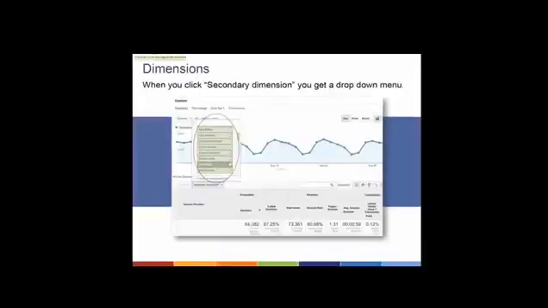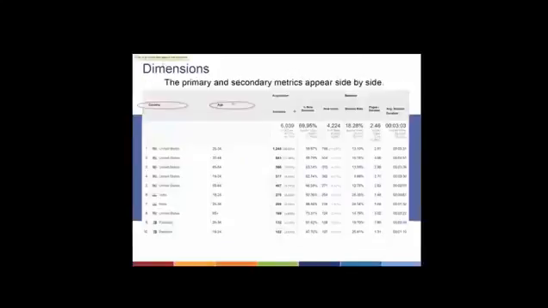So you'll see when you click that secondary dimension drop-down on any report, you'll see the full list of different dimensions that can be brought in. You can also type in the search field a label that you already know of for a specific metric or a word that you think applies. And Google does a fairly good job of helping guide us to the right list there. So actually, this is a good one that we did of combining both locations and age groups.